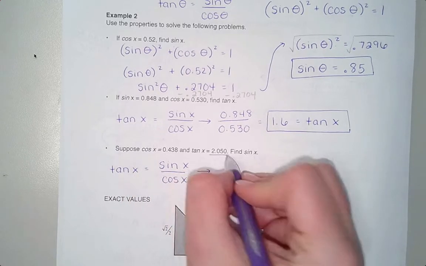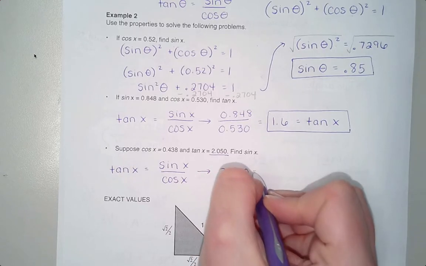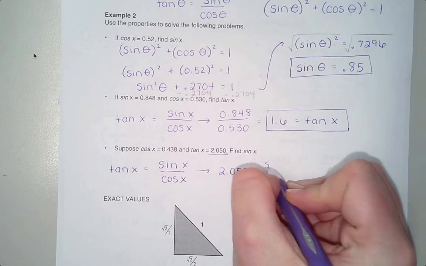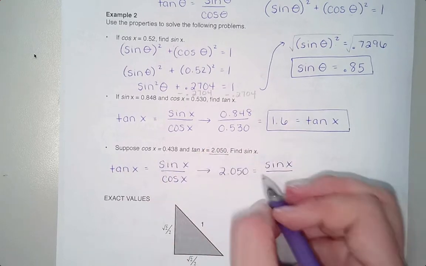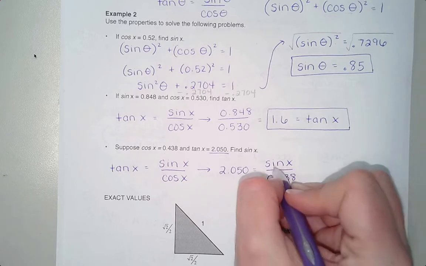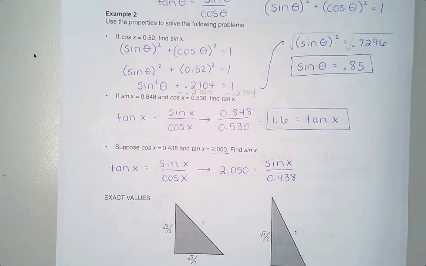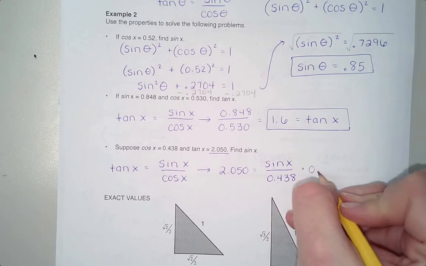So that means tan x, which is 2.050, has to equal sine of x divided by the cosine, which is 0.438. And then if we're trying to figure out what sine x is, I'm going to multiply by this number on both sides.